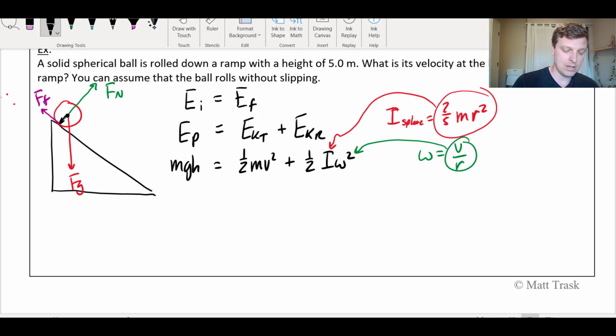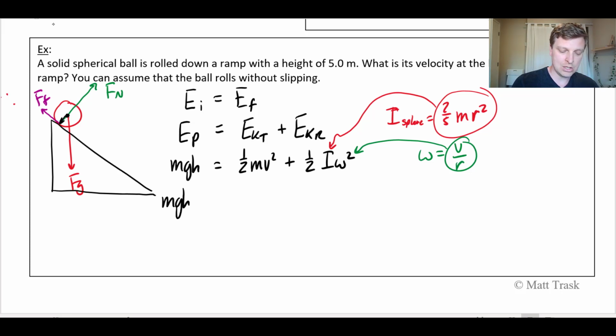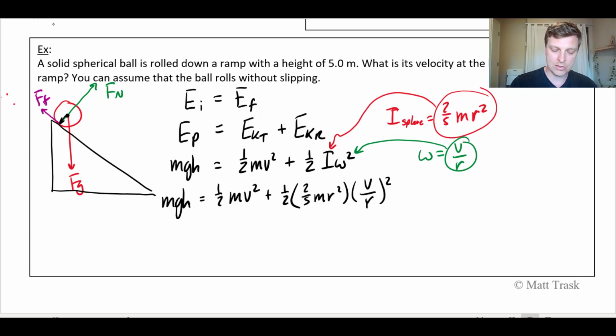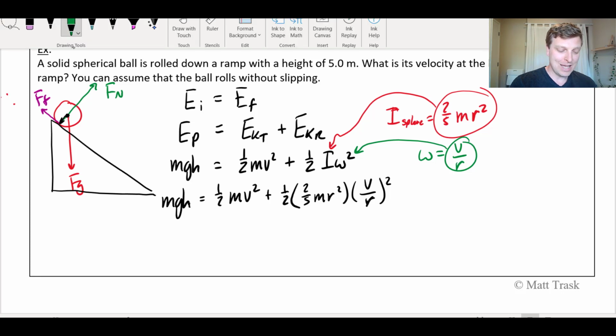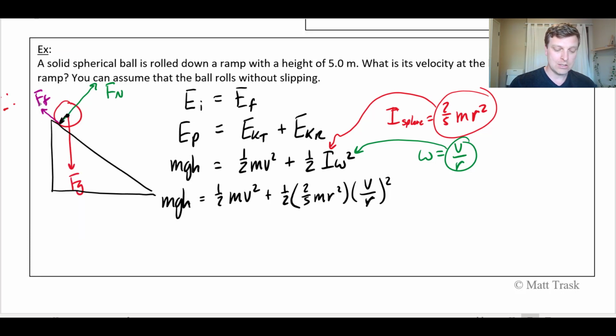And what I end up with is mgh equals 1/2 mv squared plus 1/2 times 2/5 mr squared times (v over r) all squared. Now that's a lot. But if we just zoom out for a second and have a little think about this, what we'll see is two things. One, there's a common term of mass.